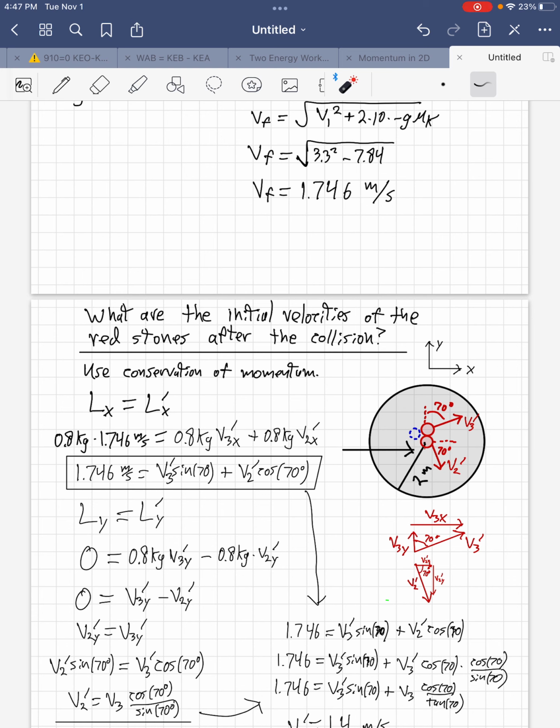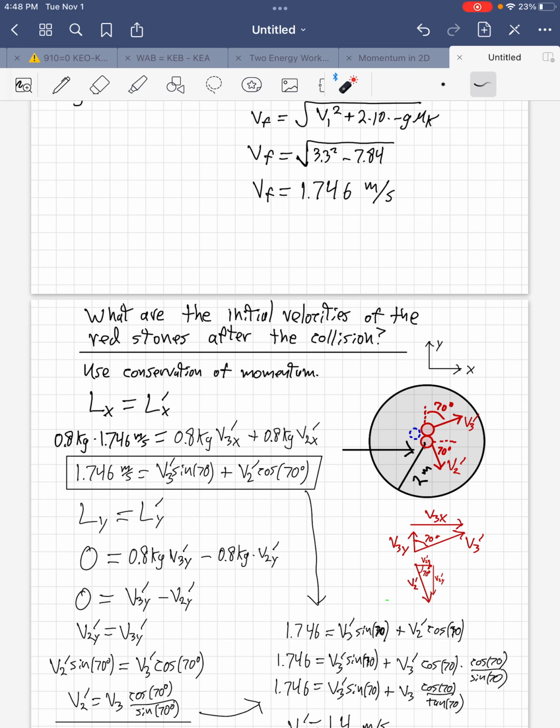This is V3. We want to think about the x component of its velocity. So we look at this right triangle, and the x direction is opposite this 70-degree angle. So V3x is equal to the magnitude V3 times sine of 70 degrees.